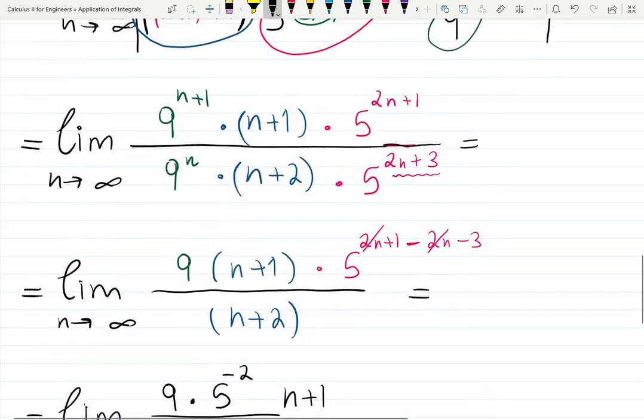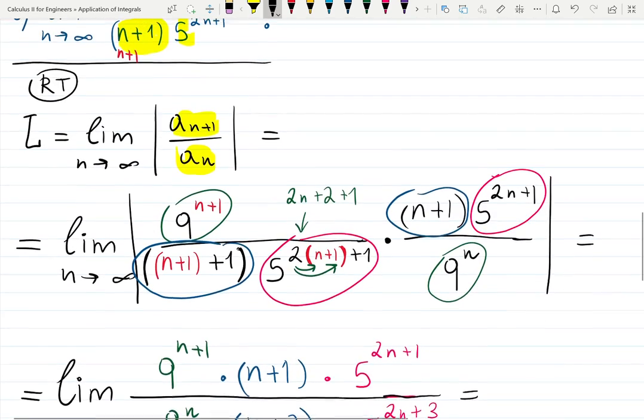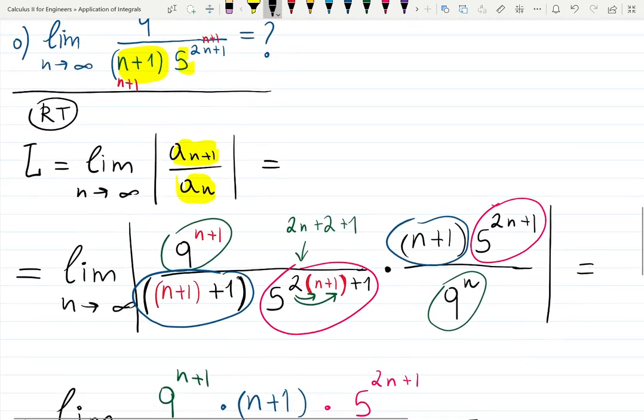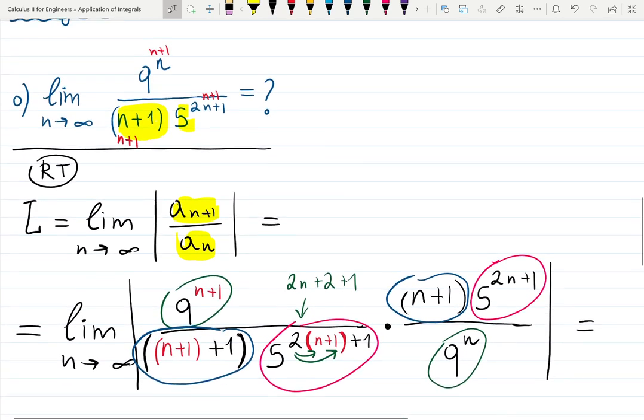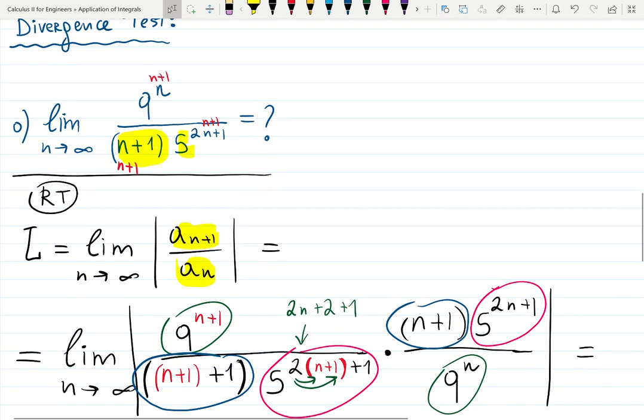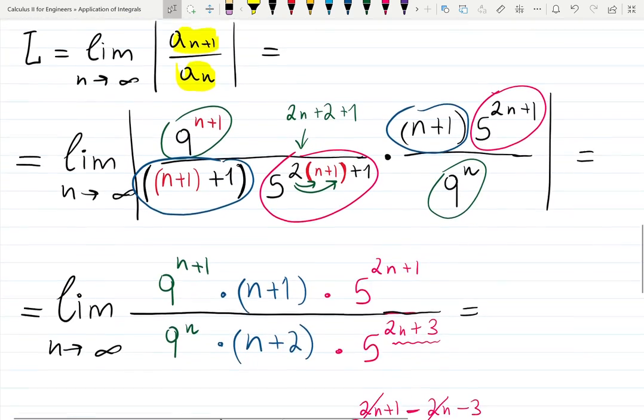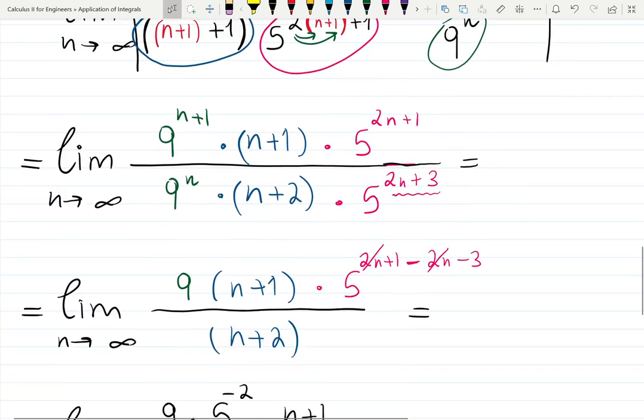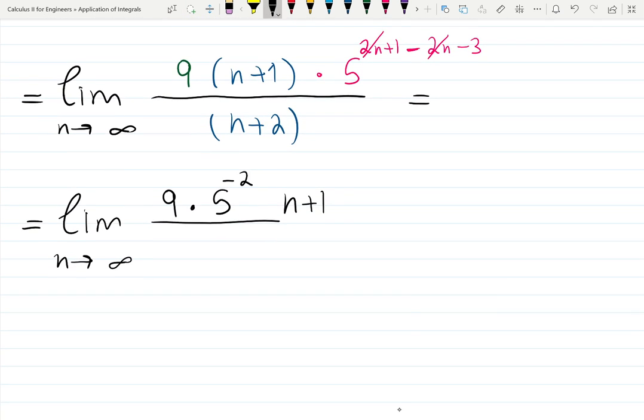Is it n plus 1 on the top? N plus 1, yeah, looks good to me. N plus 1 over n plus 2.